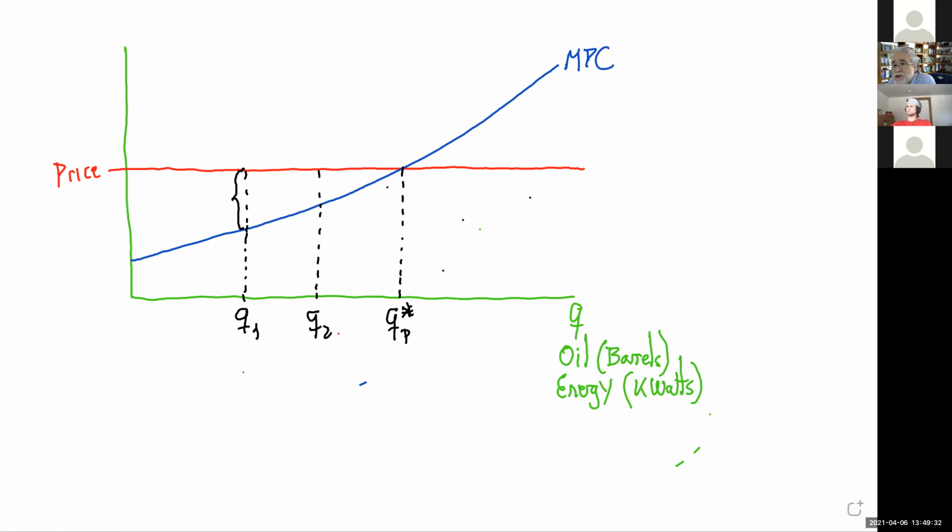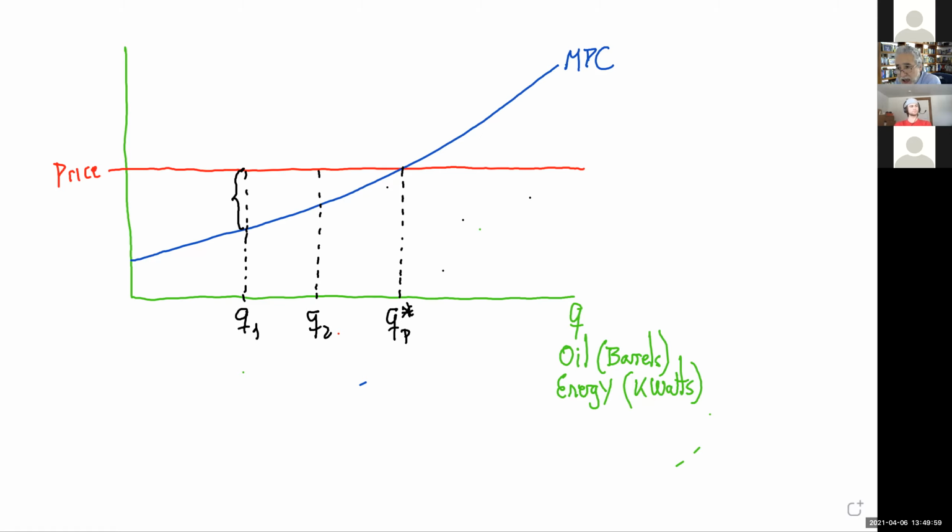So if it is Catherine's example of a power plant that is producing kilowatts of energy, whatever the power plant is producing, either by burning coal or connecting a grid of solar panels, this power company is going to produce all the way up to Q asterisk in the graph of kilowatts of energy.